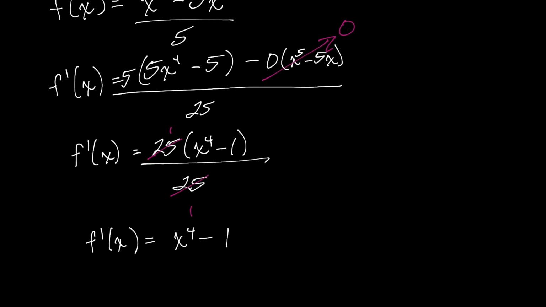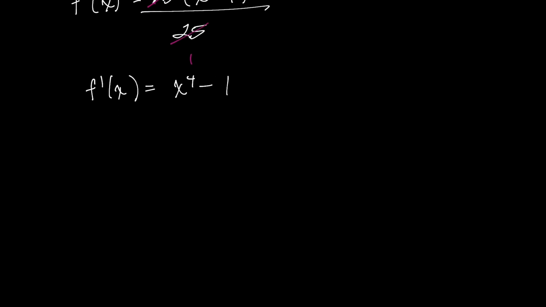So if I want to find critical values, I have to take this first derivative and set it equal to 0. So let's go ahead and do that. So set that equal to 0. I notice here I have the difference of two perfect squares. So that ends up being x squared plus 1 times x squared minus 1 equal to 0.